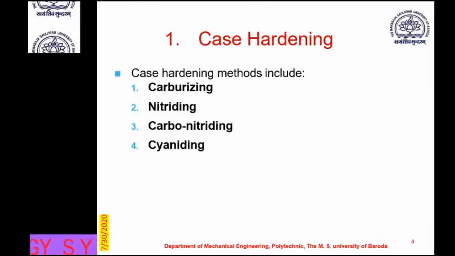Carbon and nitrogen both are used for imparting surface hardness. We have cyaniding, where cyanide gas or cyanide is used. It is a harmful, poisonous gas and therefore a high level of care is to be taken while operating this particular hardening method.